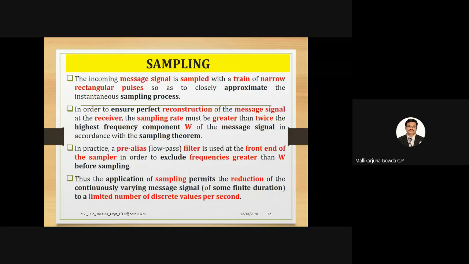Already we know what is sampling. Yes, can anyone say what is sampling? Sovik, can you say what is sampling? Sovik Roy? Yes, Tipana.